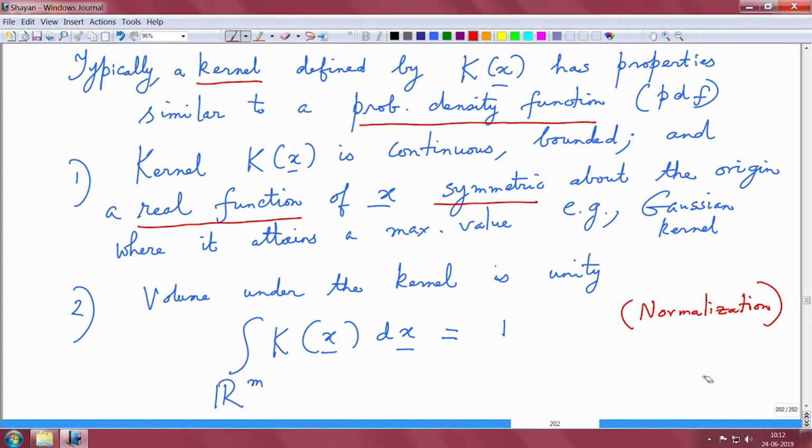So, we have to basically endow it with two properties, one symmetricity, the other normalization, and these properties are similar to the probability density function. So, therefore, all possible choices of functions that satisfy these two properties are good kernels for us, right. And one can measure the efficiency of one kernel against a reference kernel based upon some bandwidth and some of the statistical properties. Okay.